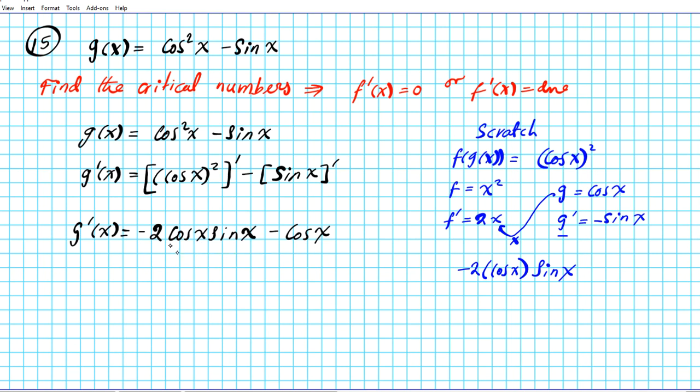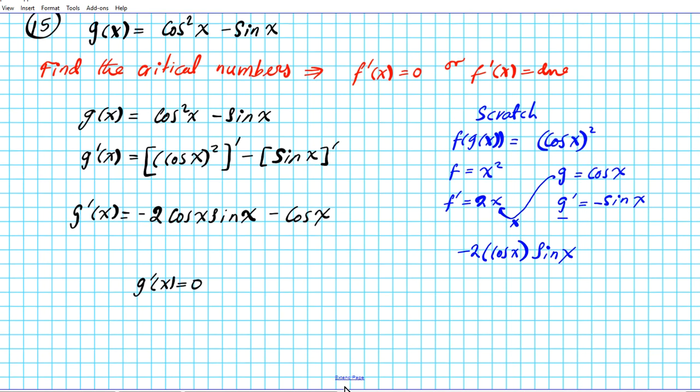In this particular case, we do not have any denominators, so we expect no points where the derivative does not exist. Our focus will just be on where g prime of x is equal to 0, because it's smooth and continuous. So let's go ahead and do that.